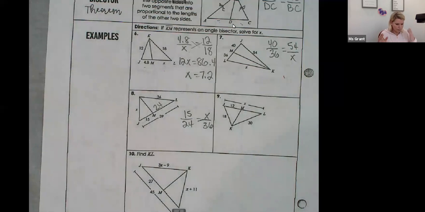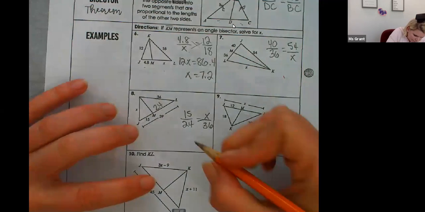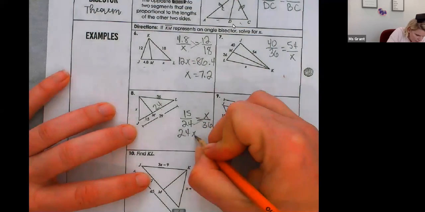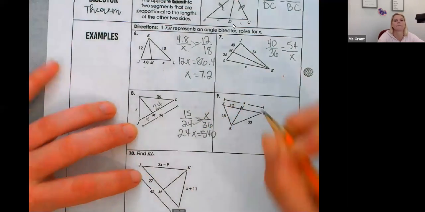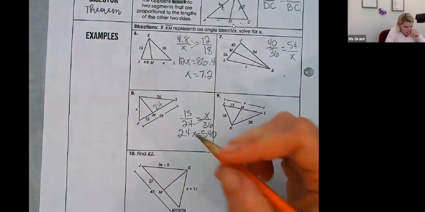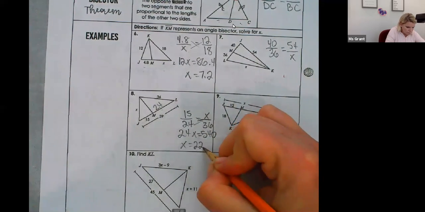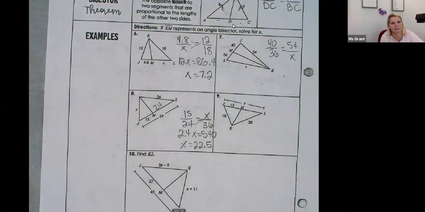Cross multiply. 24x equals 540. X equals 22.5.